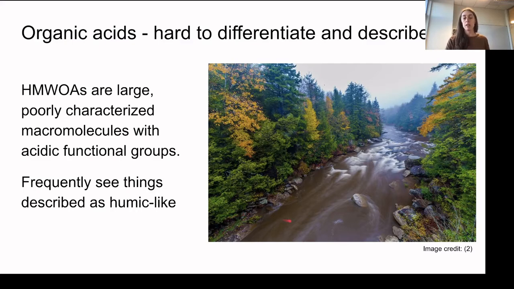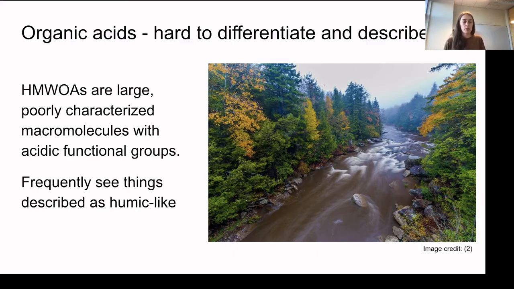You'll see this a lot in the Amazon and a lot in the South. You have a lot of acidic soils and a lot of plants going on there, so you end up with a lot of that in the river. These are dark in color, and they result in those blackwater rivers.